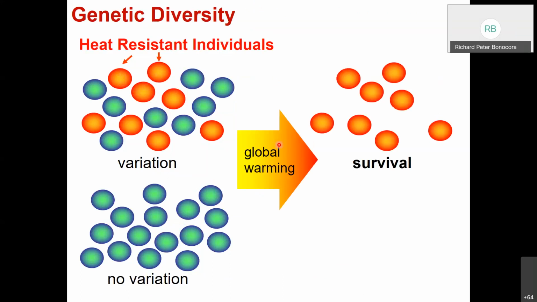In the top population, some of those individuals that are resistant to higher temperatures may survive, and those that aren't may die off. But the bottom line is some of the population survives. In the bottom population, if none of these individuals can survive this, they're going to go to extinction.